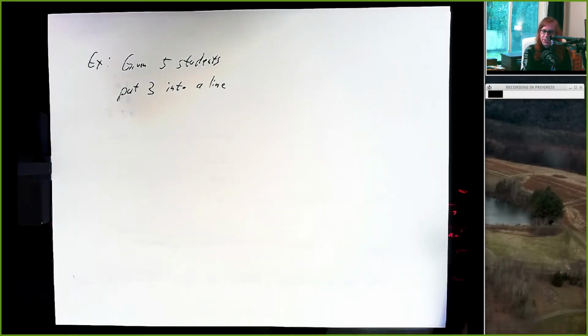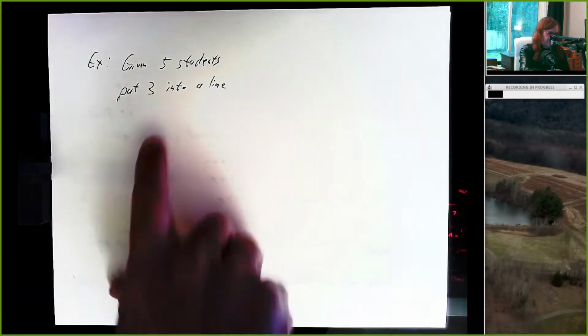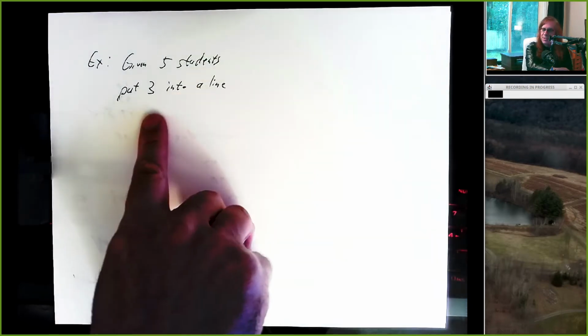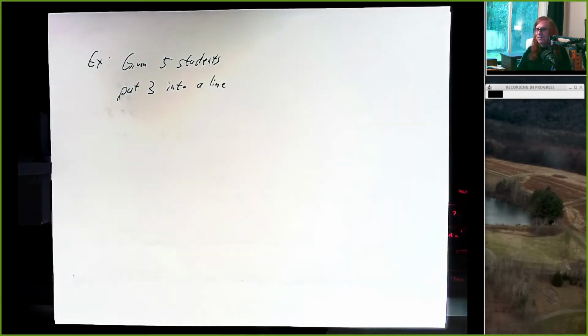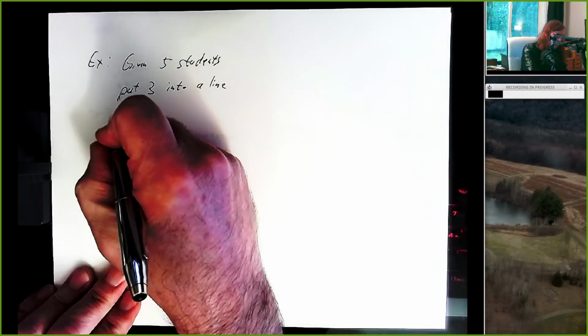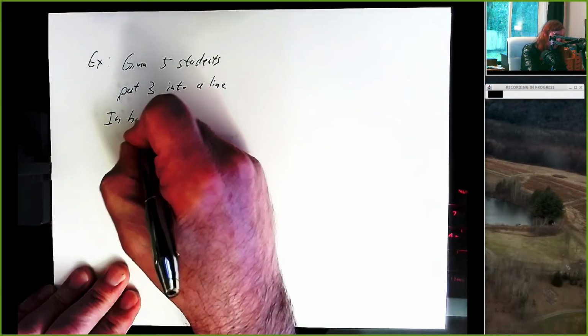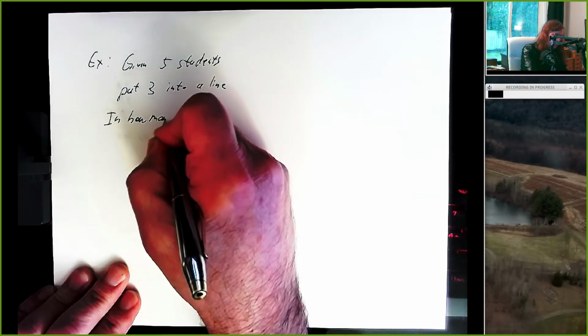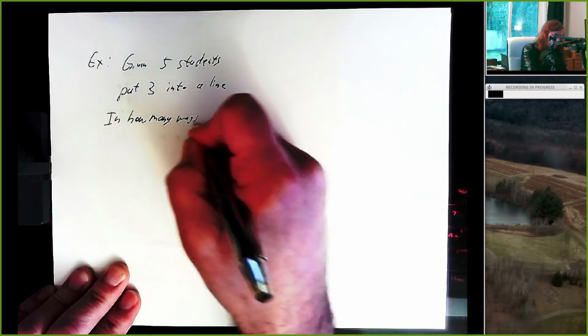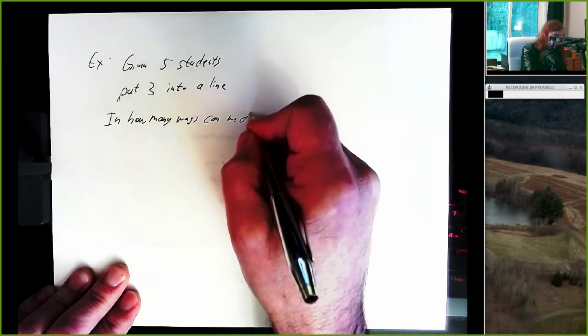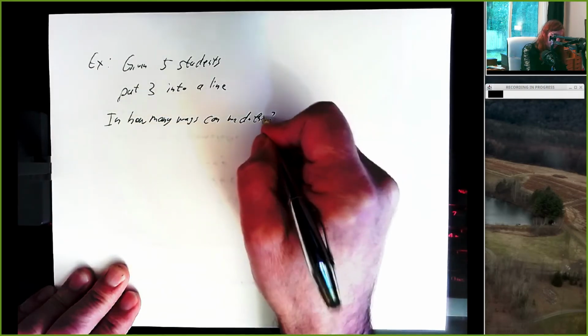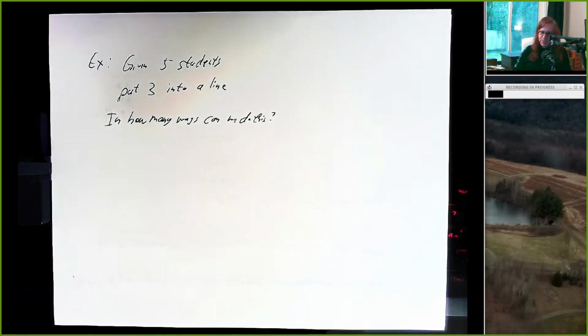We're not just putting 3 students into a group, we're putting them into an ordered line, right? So this is a question about making a 3 permutation of 5 objects. A typical question is, in how many different ways can we put 3 students into a line out of a group of 5 students?